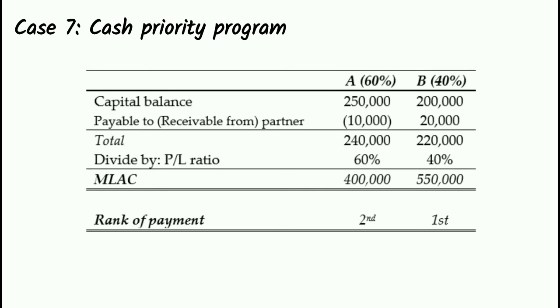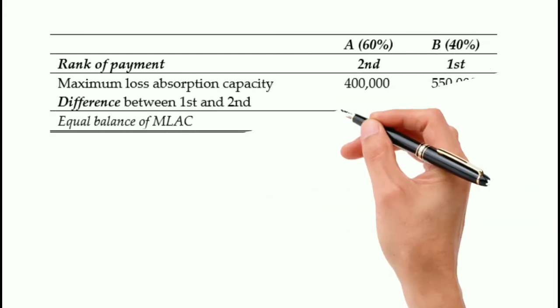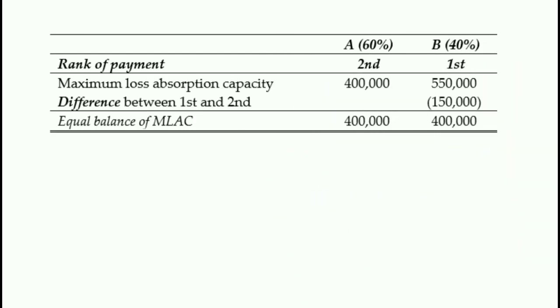As you can see, since mas mataas yung MLAC ni B, siya ang unang mababayaran. Next, i-equalize natin yung MLAC ni partner A at MLAC ni partner B. We need to equalize the MLAC of partner A and the MLAC of partner B because this will be the basis in preparing the cash priority program.